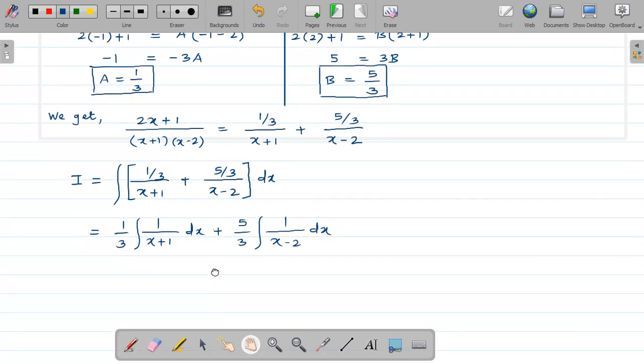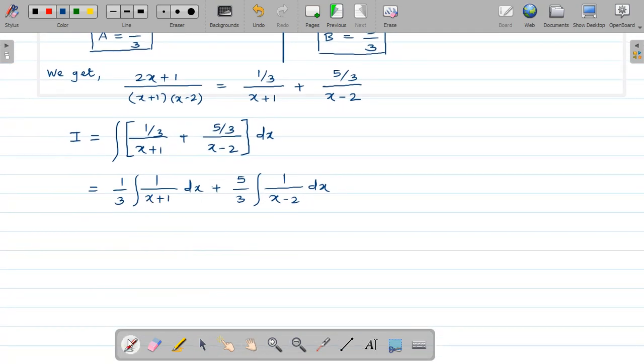Now it is very easy to evaluate this integration. So 1 by 3 as it is. Now the integration of 1 upon x plus 1 is log of modulus of x plus 1. Because you know that integration of 1 upon x is log of modulus of x plus constant.